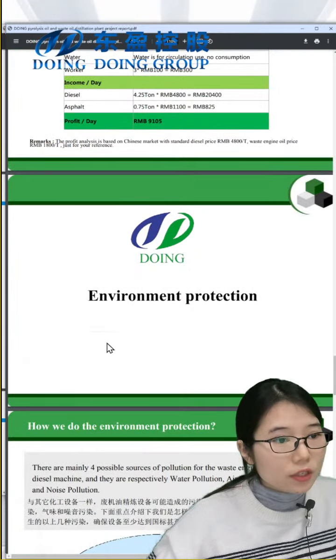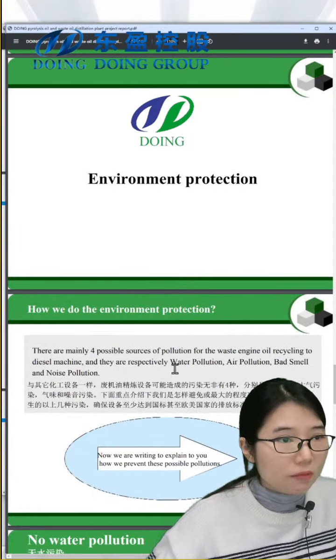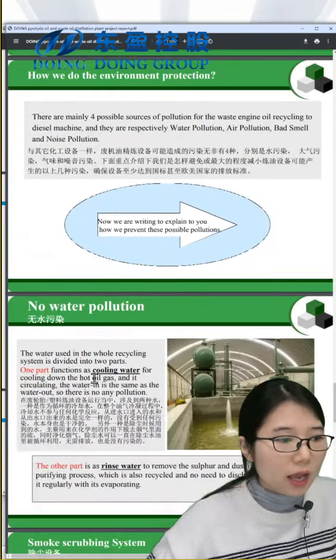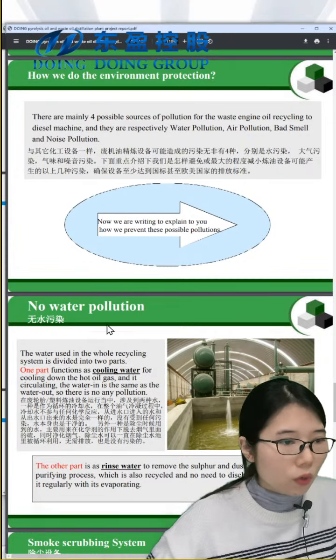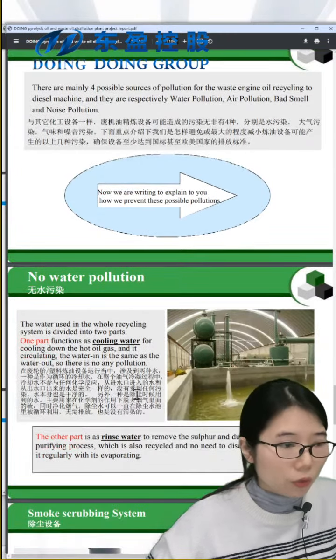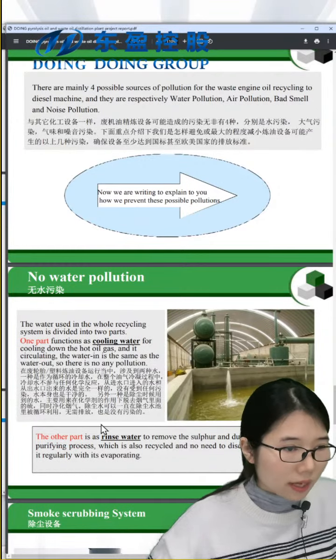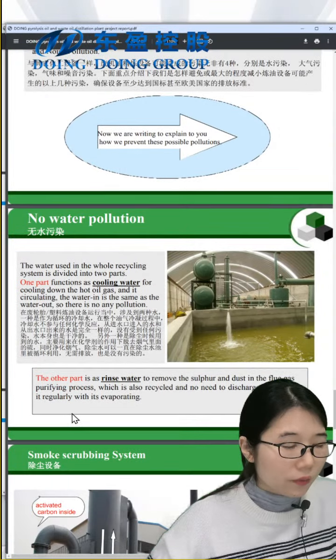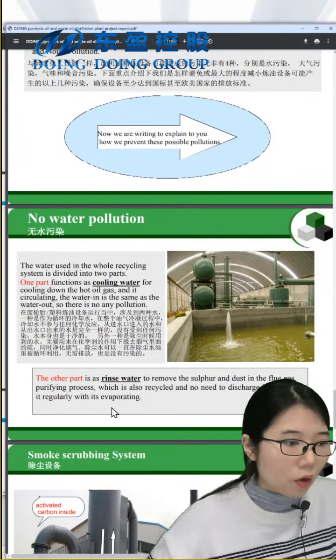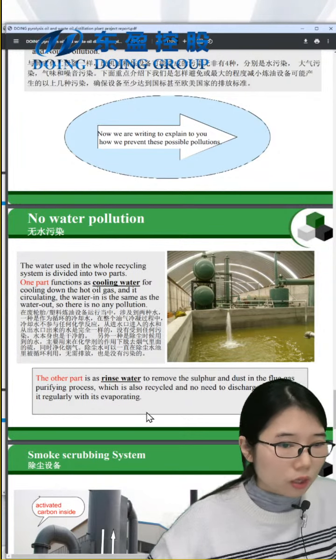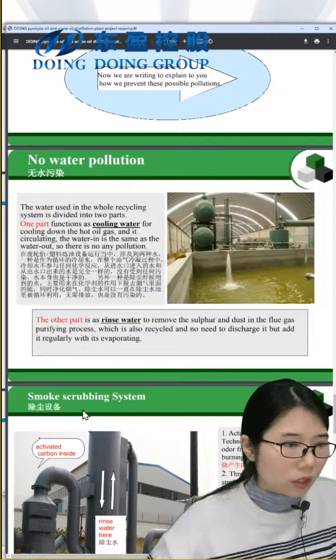For the distillation machine, we also have environmental protection. There is no water pollution because we use recycling water for cooling the oil gas. The oil gas and the water do not touch, so no pollution.